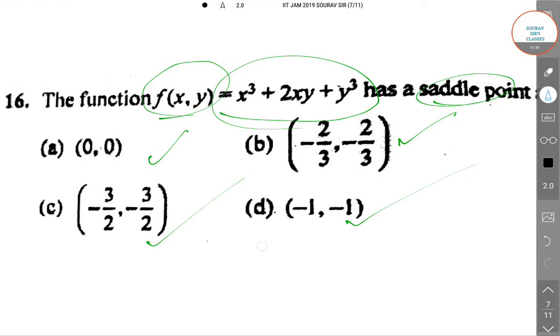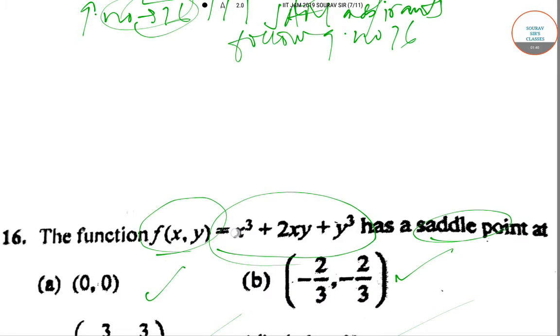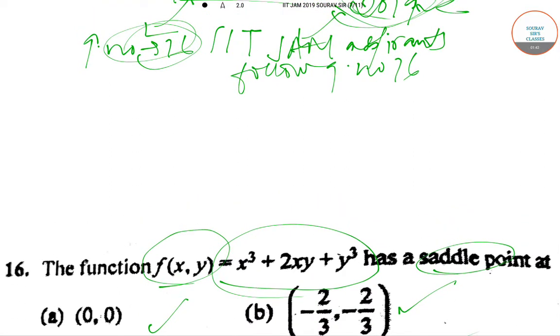So first let me discuss what is a saddle point. Now I am going to discuss the theory part here first.